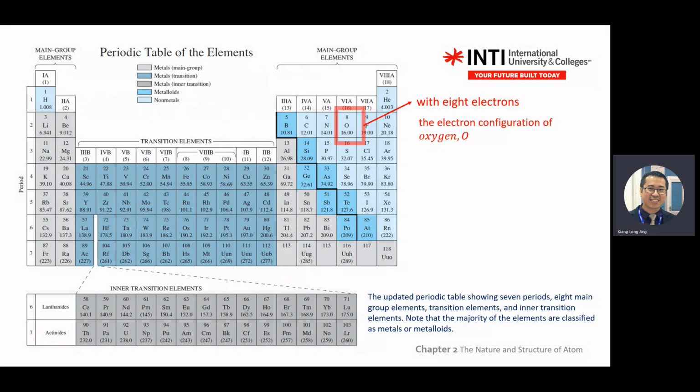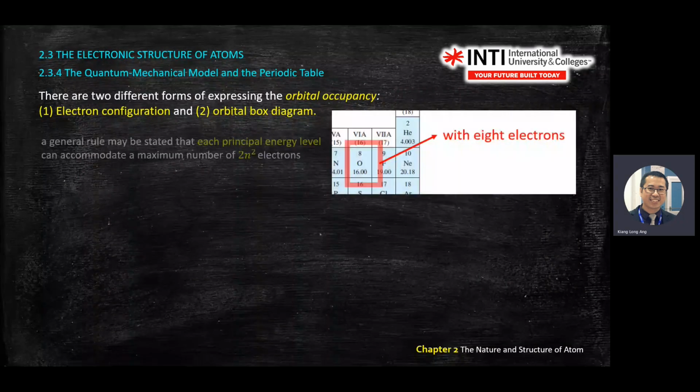So now we want to write the electron configuration for oxygen. It looks complex, but it is very easy. Once you have the periodic table, you're able to write the configuration. I copied the image there. So first you use the first equation, 2n power 2, to calculate the maximum electrons that can fit in.